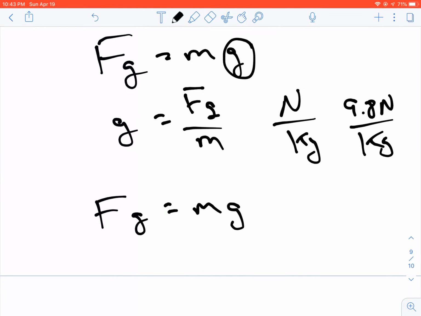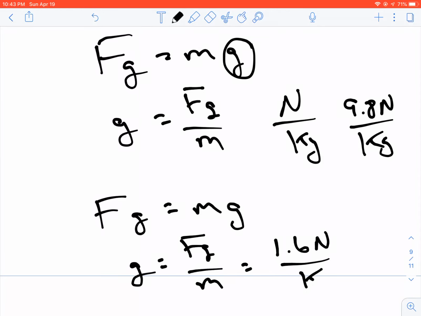The gravitational force pulling me down on the moon is equal to m times little g, where little g is equal to the gravitational force of the moon acting on every kilogram of mass. But on the moon, it's only 1.6 newtons per kilogram, not 9.8.